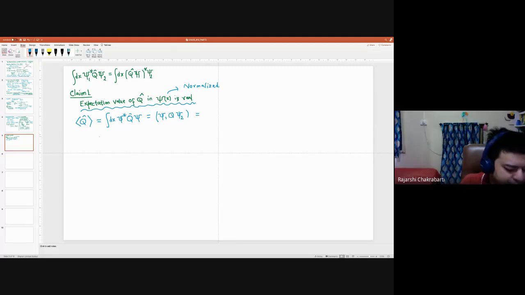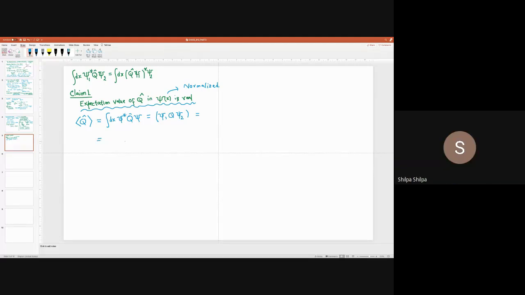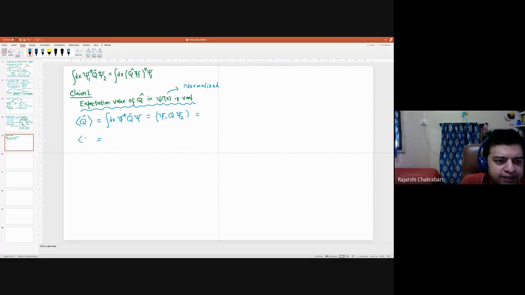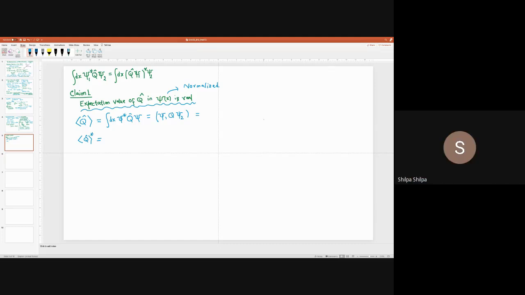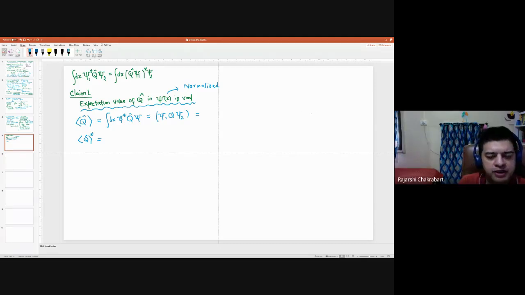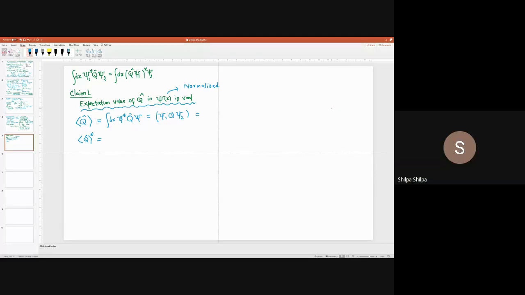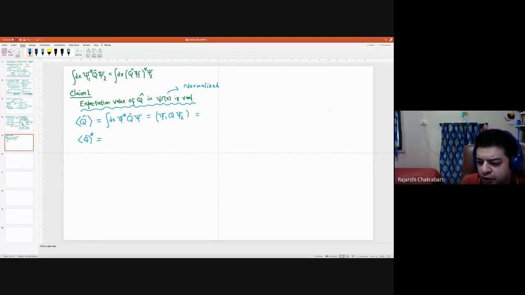Let me write this down now. I take the average value of Q and take a star. Now, if I want to show that the expectation value of Q is real, someone's mic is on. Please switch it off. When I ask a question, you can switch it on.